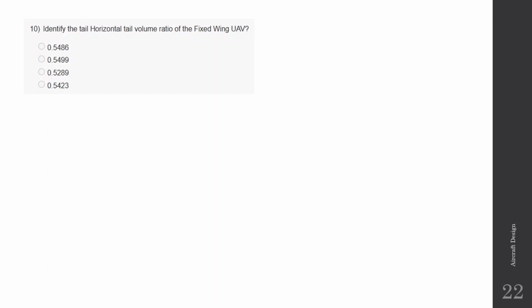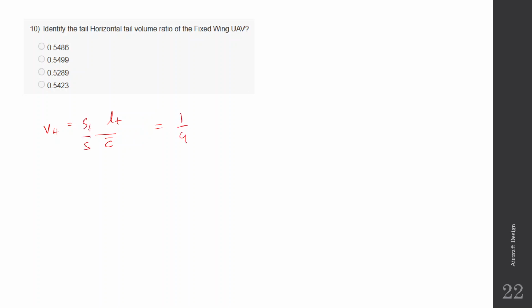Okay, let me see. Vertical tail volume ratio, this will be LT by C bar into ST by S. Okay, or you can say that ST by S you can put in front.